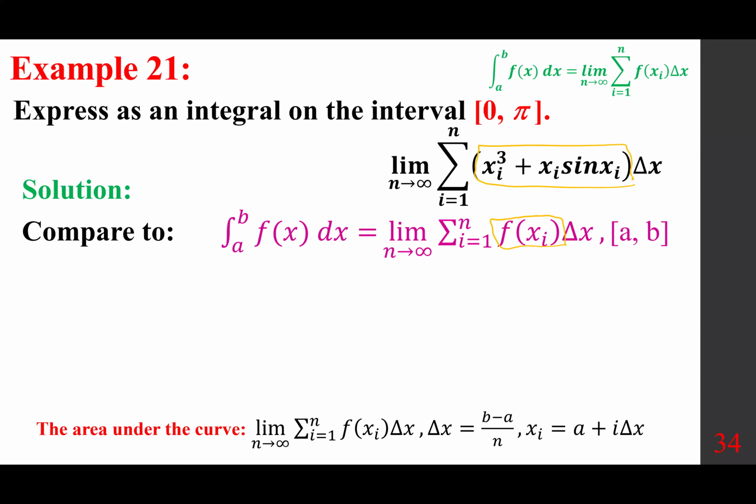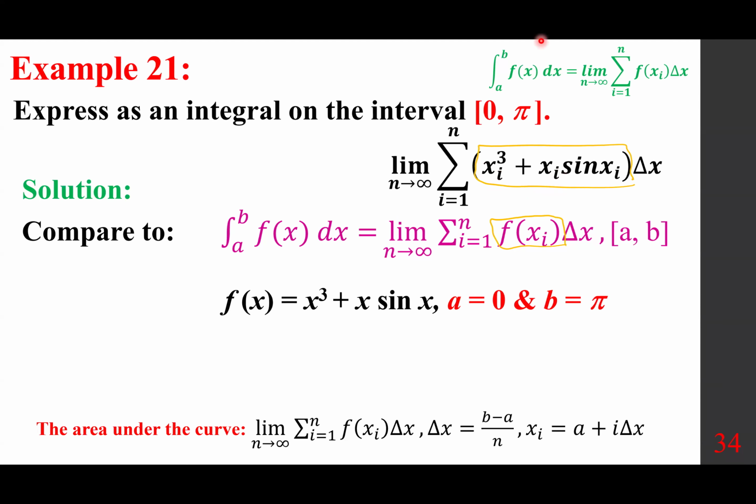As far as a and b, I hope everybody can see that for this integral, a to b is 0 to pi, it's given. It's the interval. So the lower limit is 0, the upper limit is pi. We've got to figure this out. If this is f of x sub i, f of x must be what? x cubed plus x sine x. a is 0, b is pi.